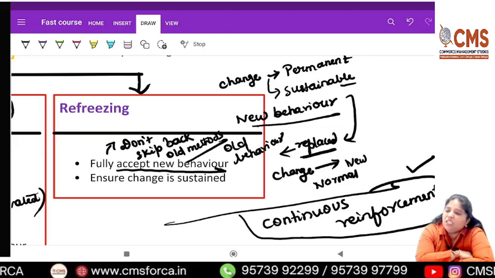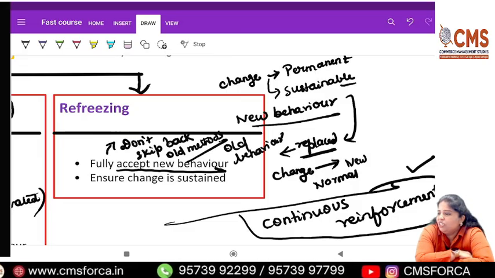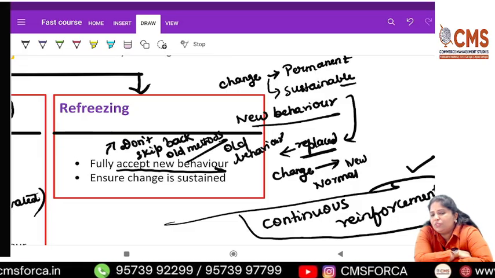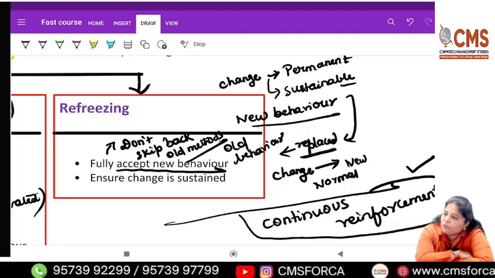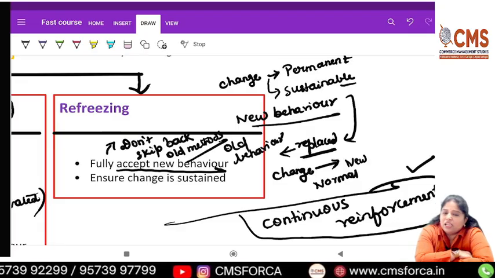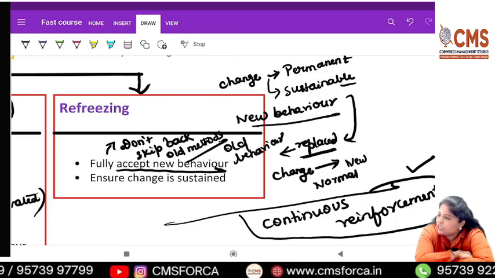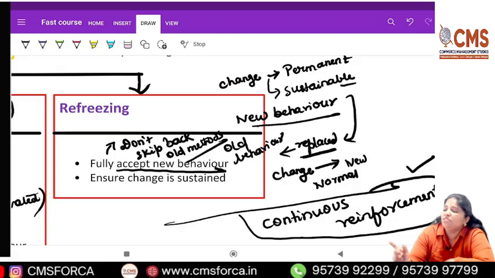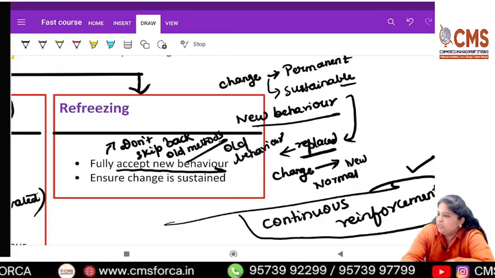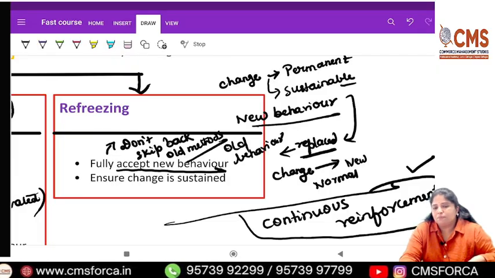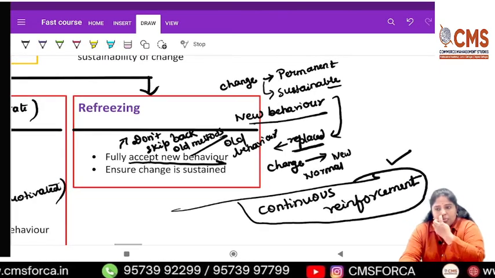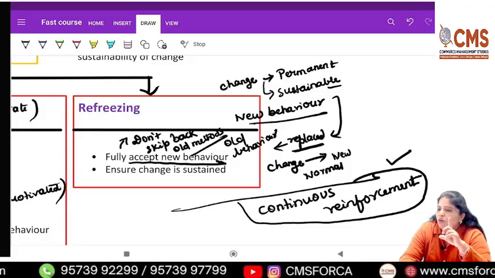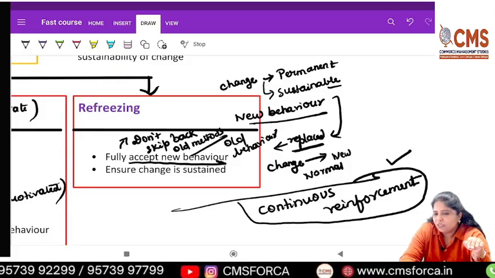So you have to keep continuing to watch. You have to keep interacting with your employees. Keep incorporating the change again and again. Even if the change becomes normal, we can't relax. Continuous reinforcement is a must. Tell me why. One change done, is it over?